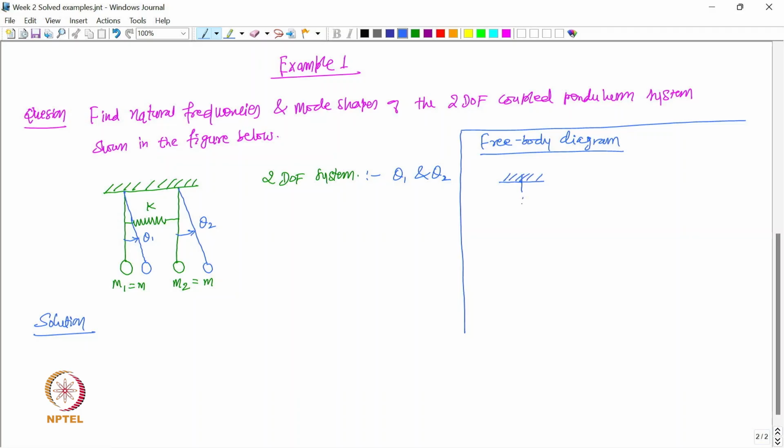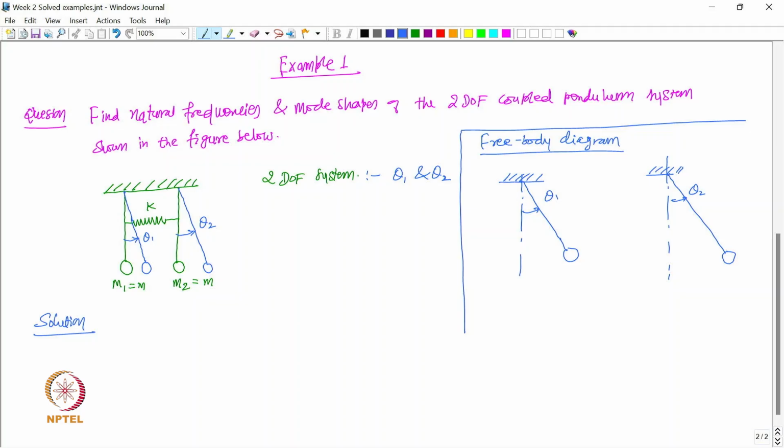This is the mean position, and now this pendulum is displaced from here like this. Similarly, we have pendulum 2, and this is the mean position, and the pendulum is displaced like this. So this is theta 1 and this is theta 2.